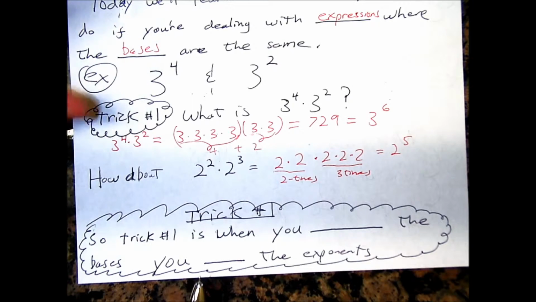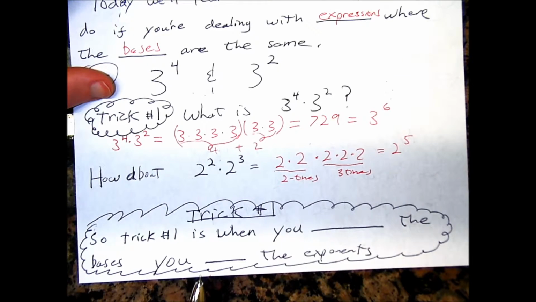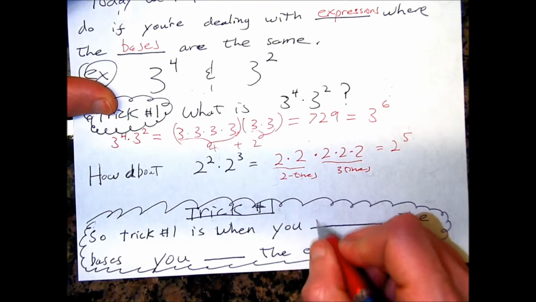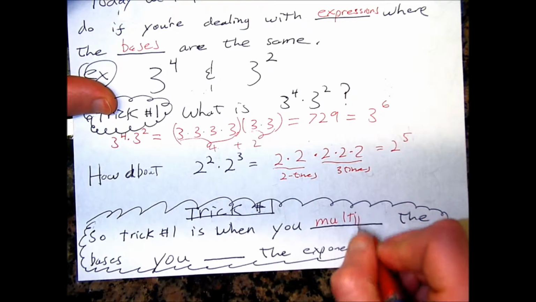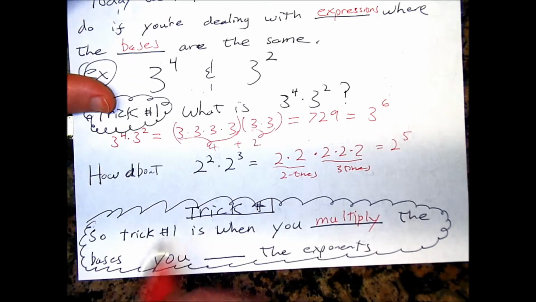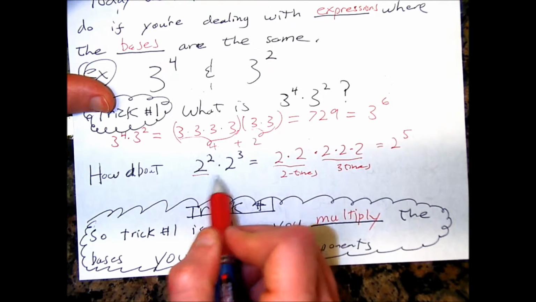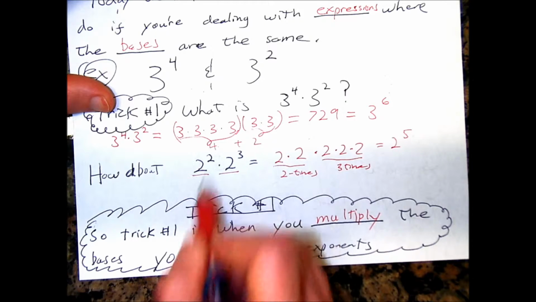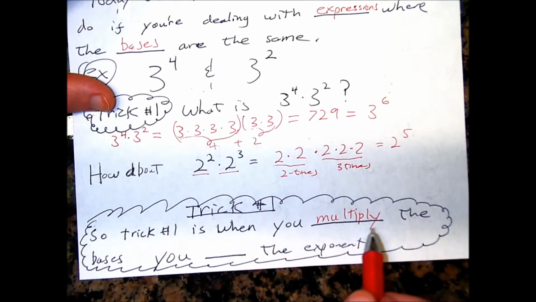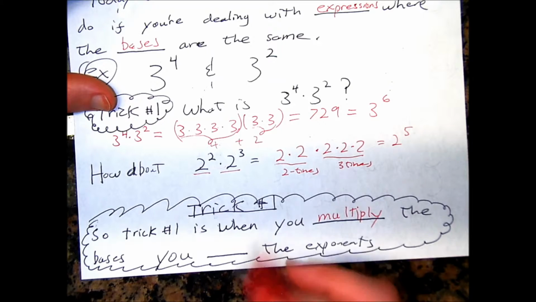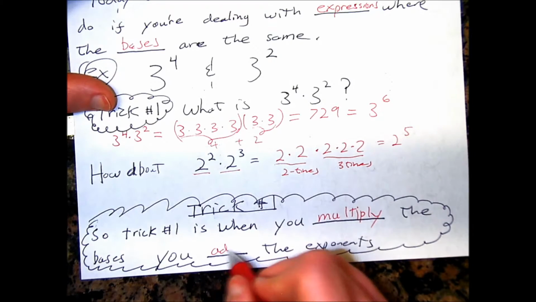So trick number 1 is this: I'm multiplying 2 to the 2 and 2 to the 3, but these are the bases and they're multiplying here. When I multiply the bases, what do I do with the exponents? I'm adding the exponents.